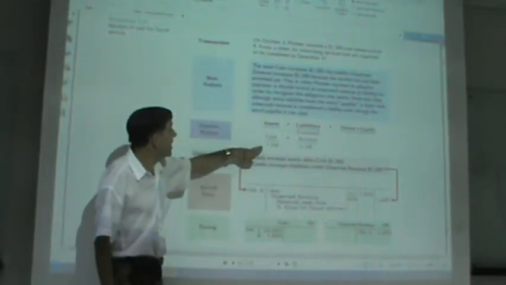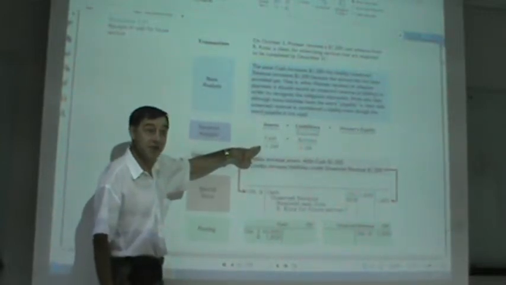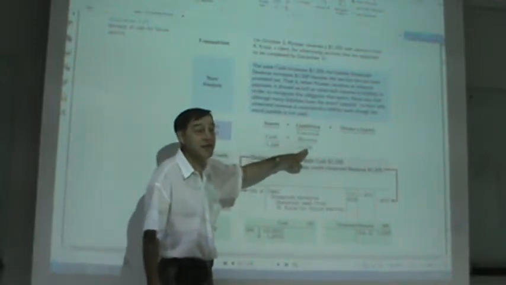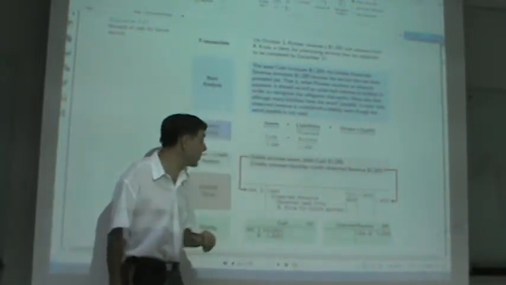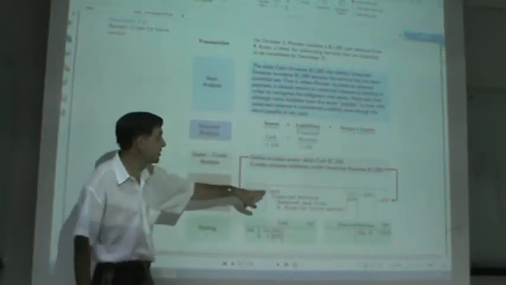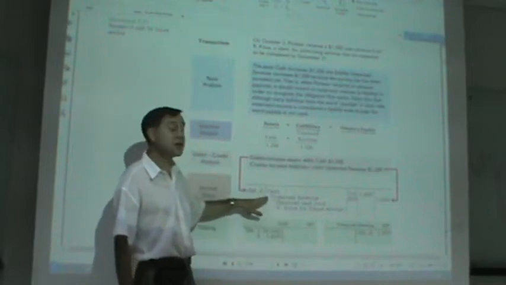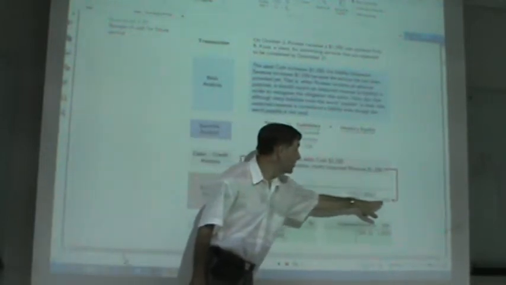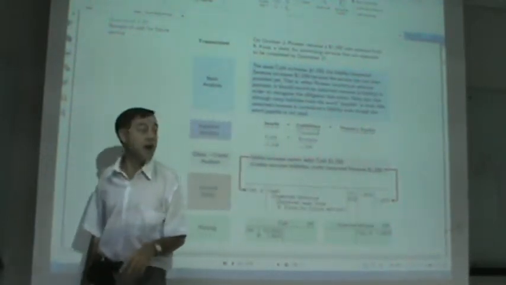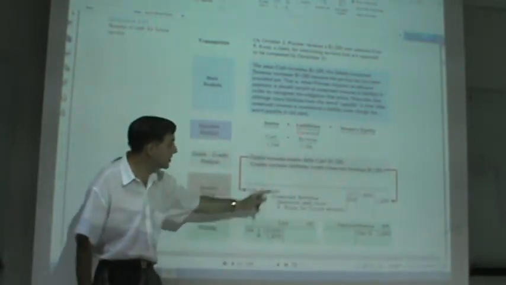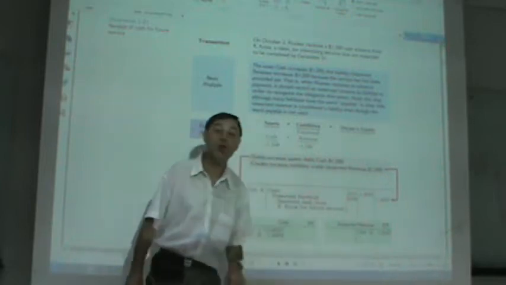The asset up becomes debit cash, and this one has to be credit. There's nothing left. Credit, unearned revenue. And it goes cash, debit, 1,200, unearned revenue, credit, 1,200. And then you make the posting, cash, 1,200, unearned revenue, 1,200.